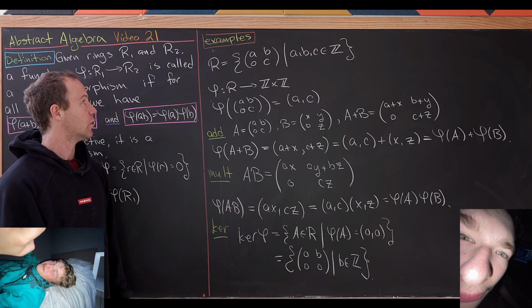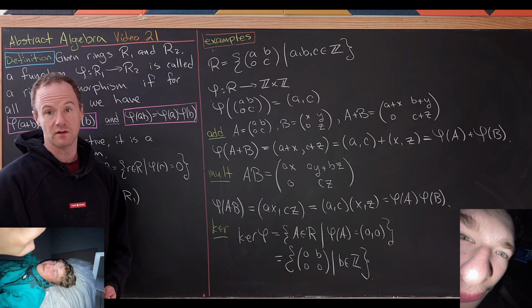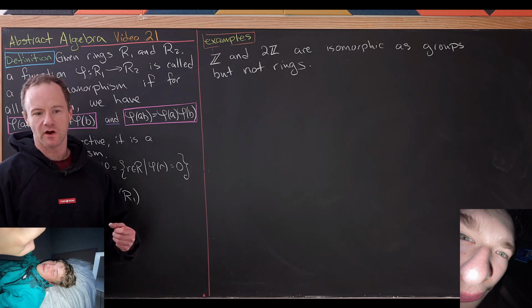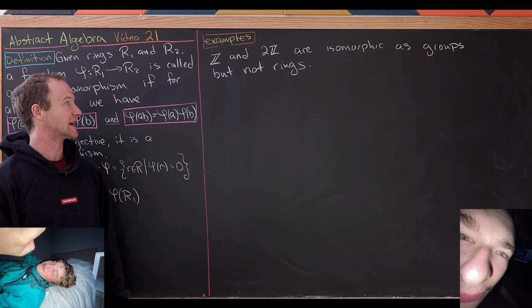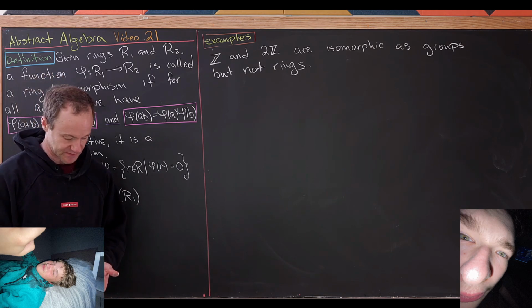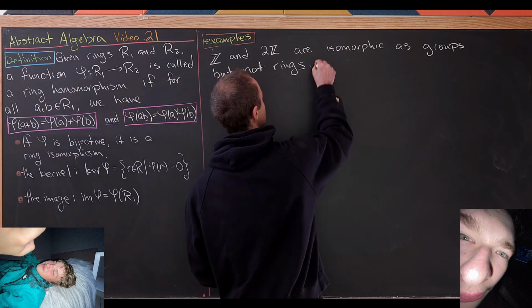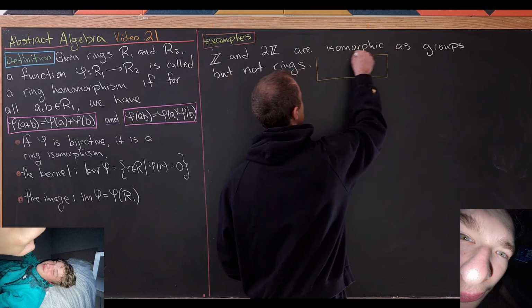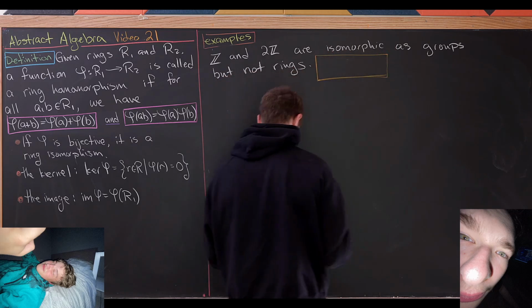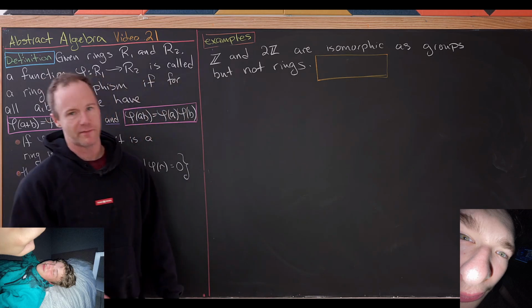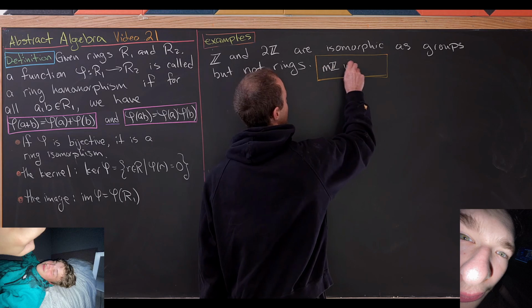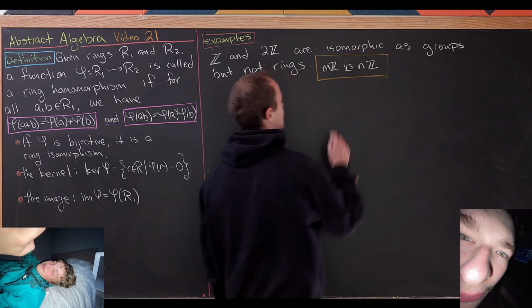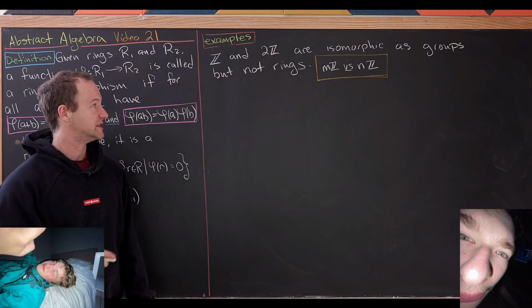All right, let's do one more example before we look at something else. For our next example, we'll show that Z and 2Z are isomorphic as groups, but not rings. And I'd like to notice that this can be easily extended to the following statement, which would be maybe a good warm-up exercise: MZ versus NZ, where M and N are different.